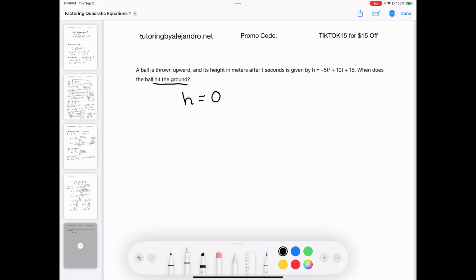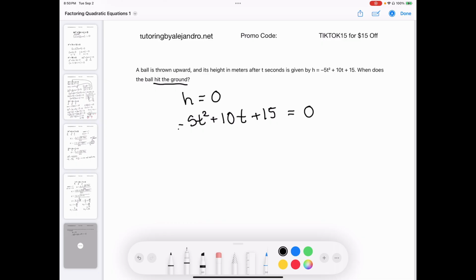So let's write that quadratic equation as negative 5t squared plus 10t plus 15 equal to 0. Instead of x's, we're using t's. We're solving it the same way.